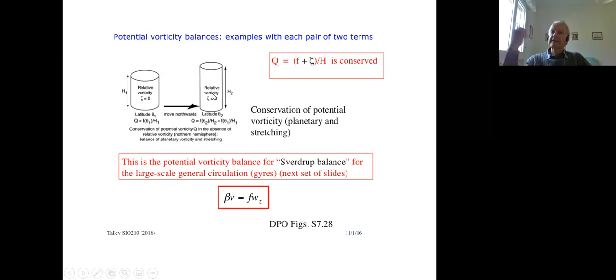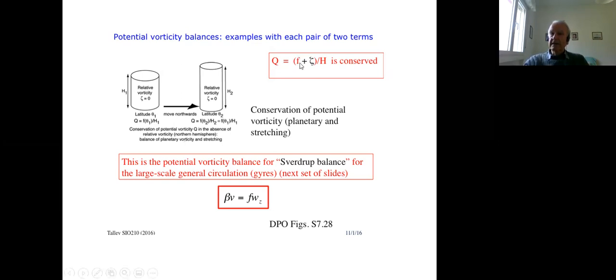And if the water column is stretched, in order to maintain this constant, we have to decrease this f, because this is increased. If h, the depth of the ocean, is constant, then we have to decrease this thing here.